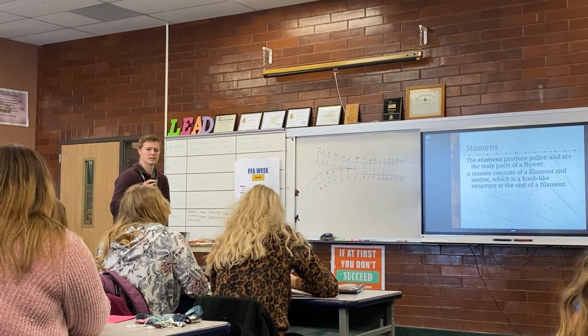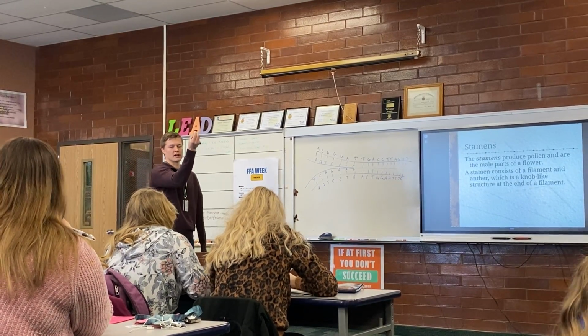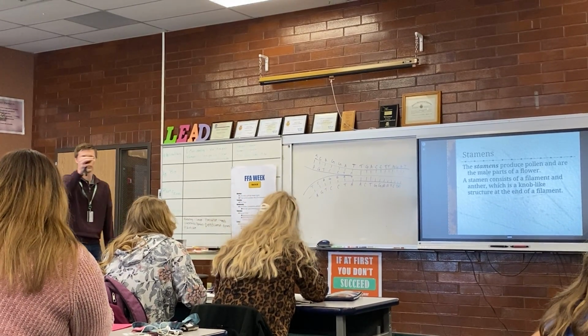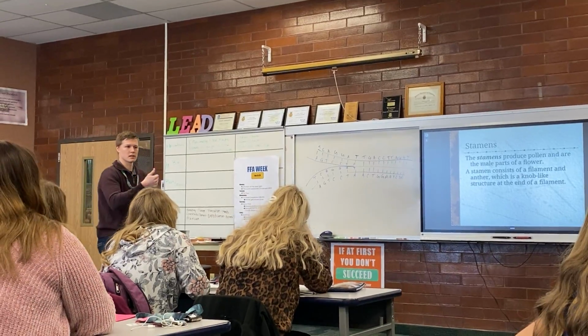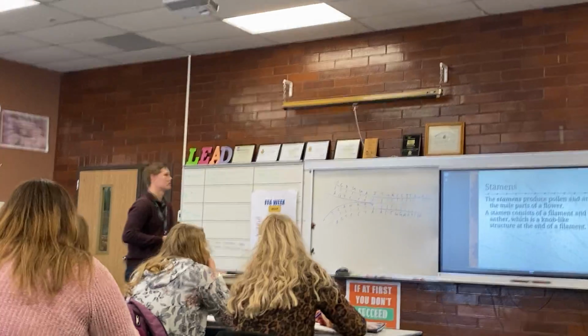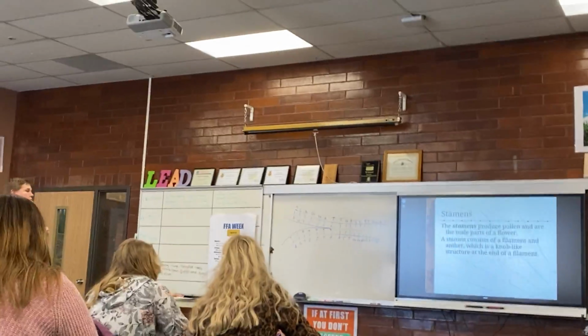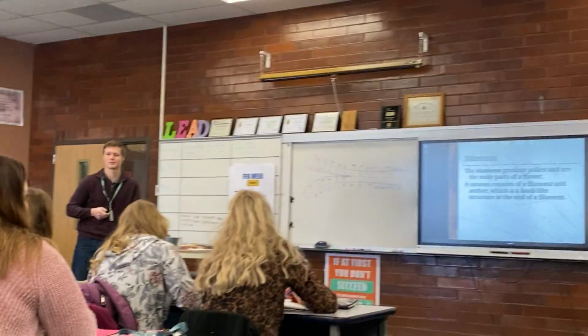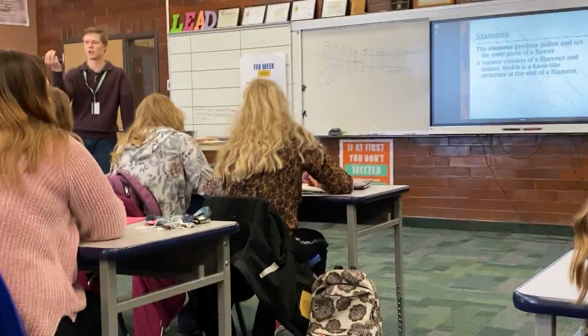The filament is a piece to hold up the anther at the top. So it's just a little thing with a knob at the top. The filament is the stem-like structure, and the anther is the top knob. That's what produces the pollen.